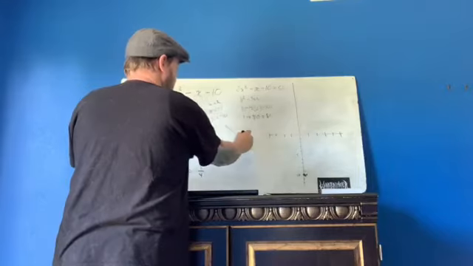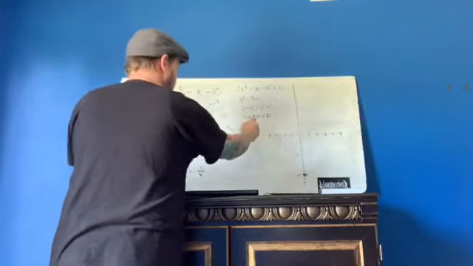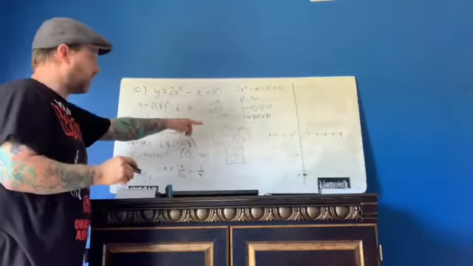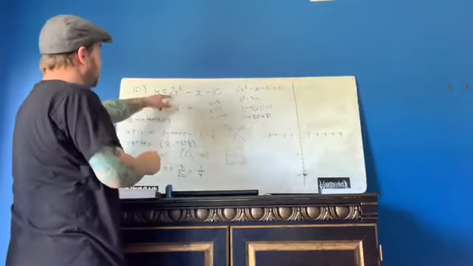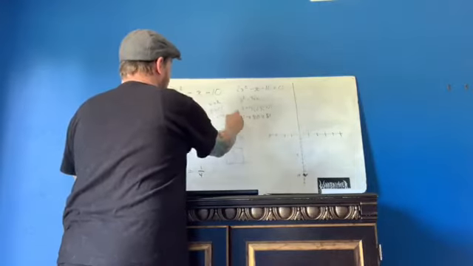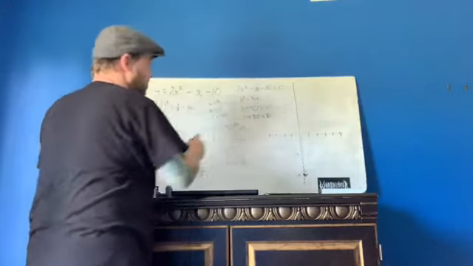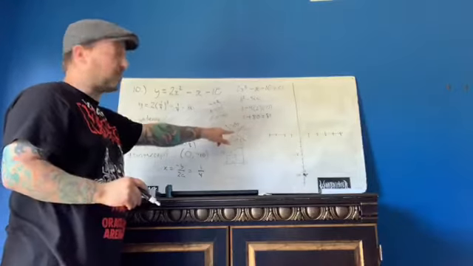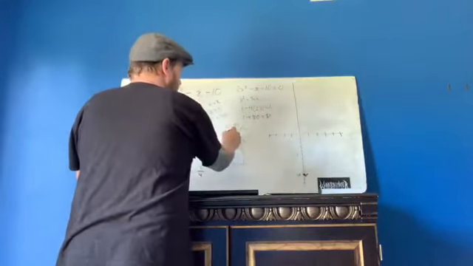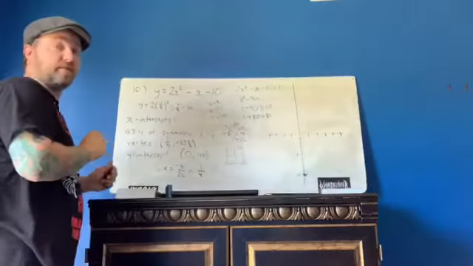So how do we factor? Diamond, rectangle. I don't know how well you can see this, but I'll tell you what goes in where. We've got a times c is negative 20. So I need two numbers who multiply out to negative 20, add together to get negative 1. How about negative 5 and 4?